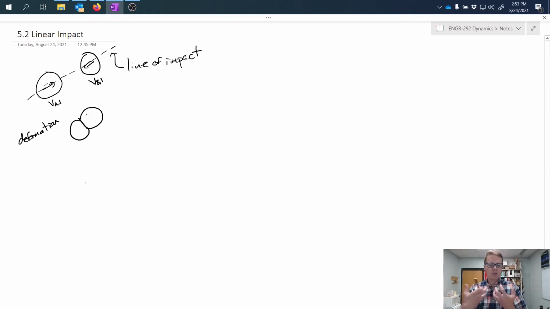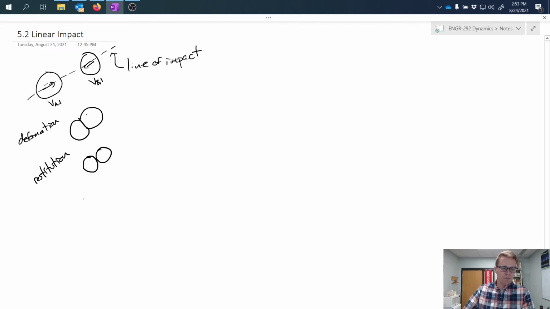Then they're going to begin to ricochet off each other and release. And if we looked at a snapshot just before they separate, they would just be sitting right next to each other. And we're going to call this restitution. And basically this is a snapshot again that right after that deformation has occurred, released, and now the two balls are just sitting next to each other in the process of moving away from each other.